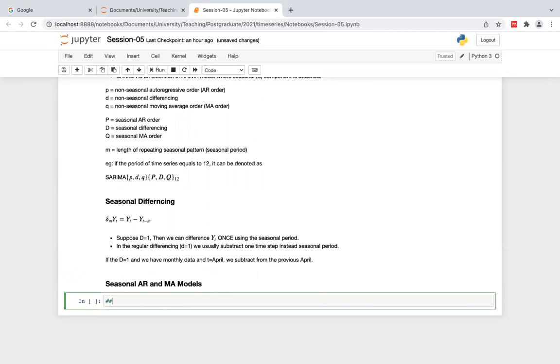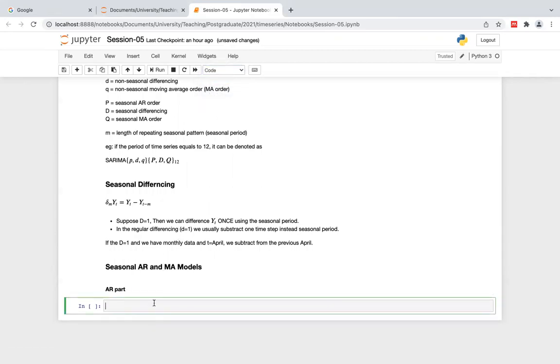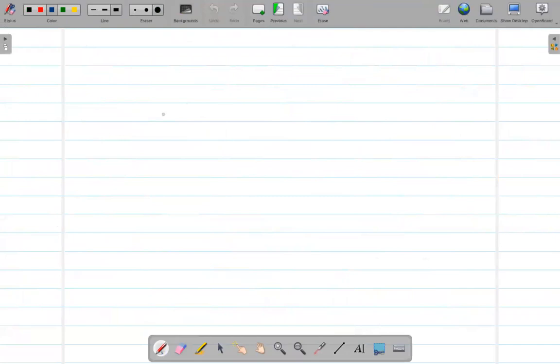The first one is the AR model. I think you can remember the normal autoregressive one. Just forget about the seasonal part for now. What was the equation for the normal autoregressive part? It was like this, right?